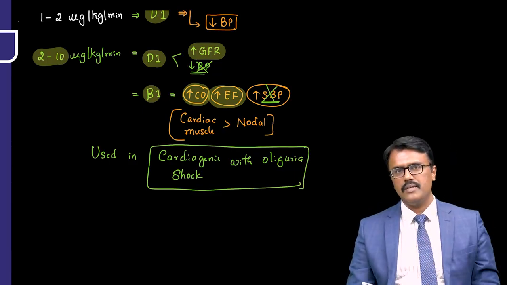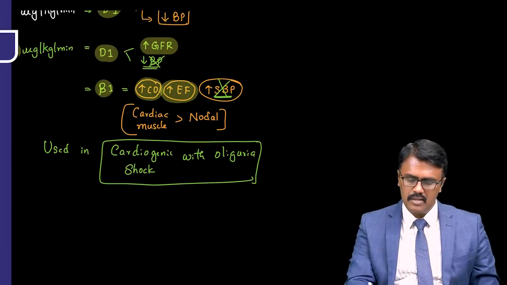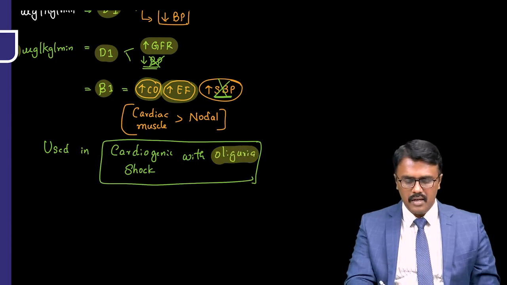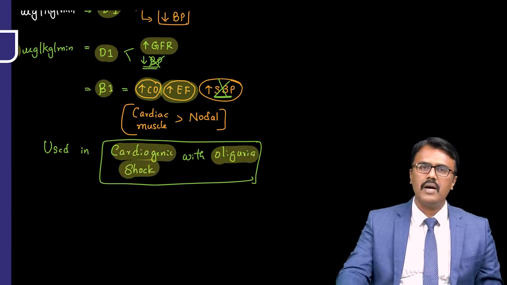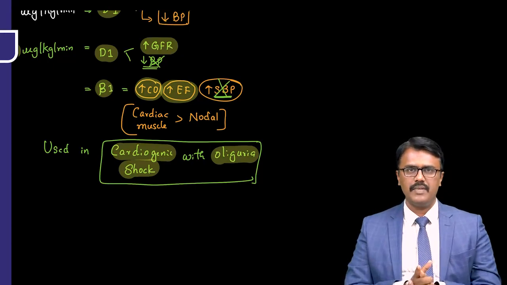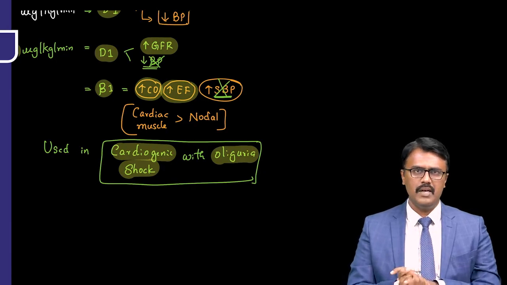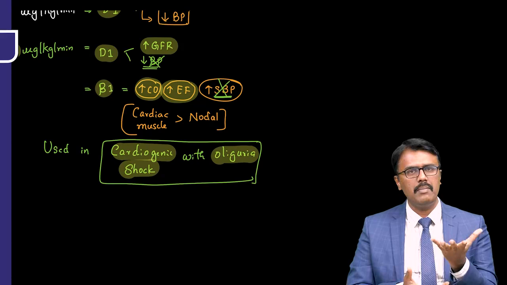You know the reason for that. If you increase the GFR and correct the oliguria, it will increase the force of contraction. What do you mean by cardiogenic shock? Shock means the blood is not flowing to the periphery, and if you continue that, the organs will have dysfunction. The reason may be septic shock, or it may be because of the heart. Heart is not pumping. Why?